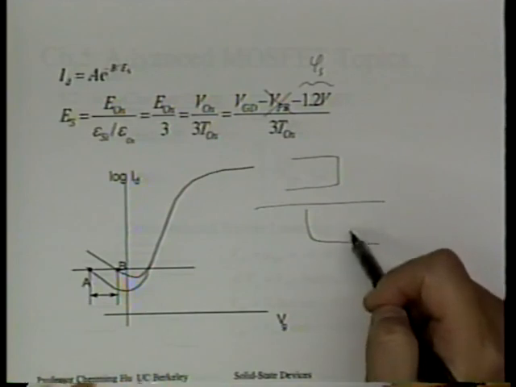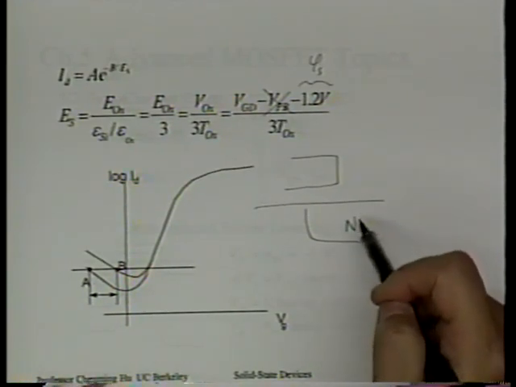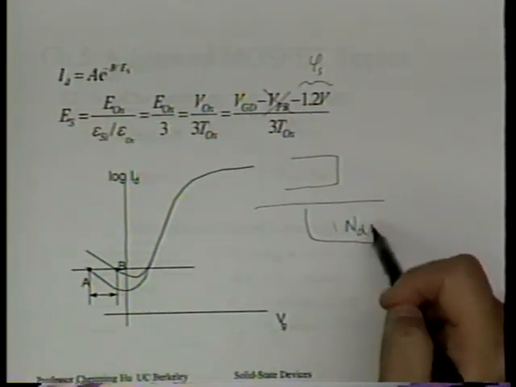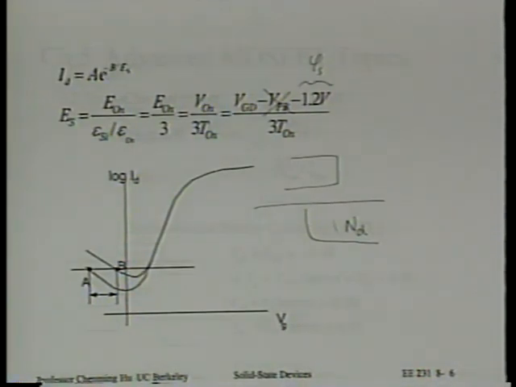Now I want you to think about this N_D as a variable. It may be 10 to the 20th, maybe 10 to the 19, maybe 10 to the 18, and maybe even 10 to the 17 LDD, or maybe 10 to the 16. Just theoretically, suppose N_D is variable. I want you to answer this question for me.